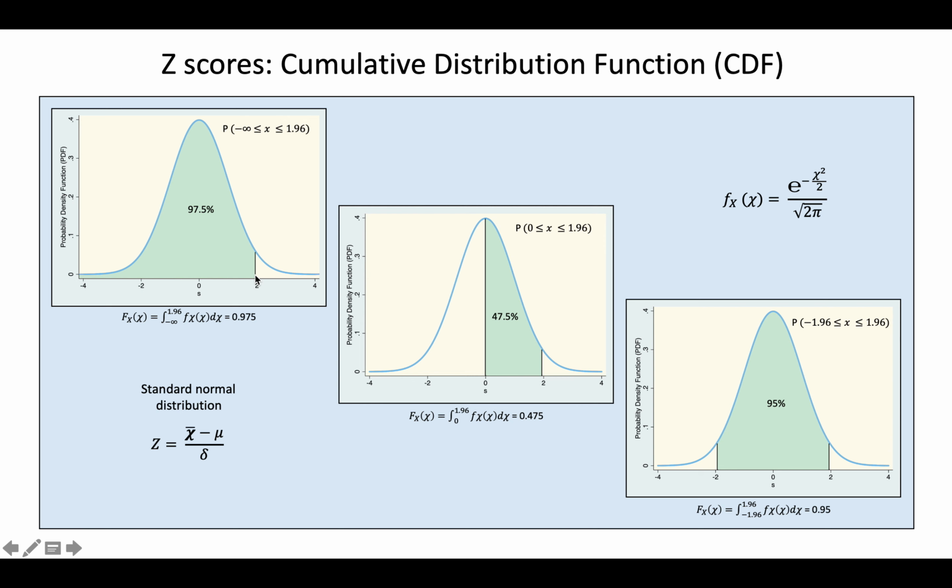This also means that any value more than 1.96, or 1.64 in a one-sided test, is going to correspond to less than 5%. So in that case, we are going to reject the null hypothesis.